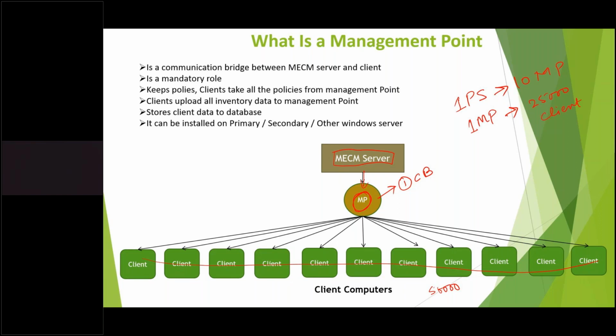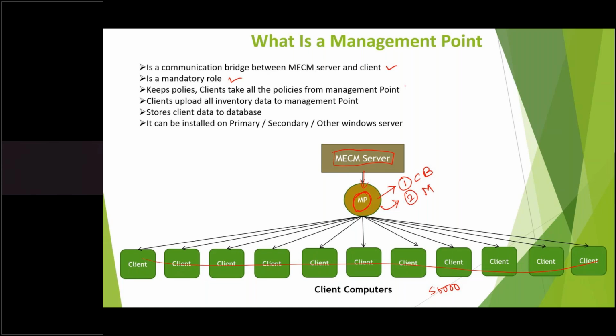So a maximum of 10 management points you can have in one primary site. Point number two, it's a mandatory role. That means you have at least one, because if you don't have a management point, you will not have any connection with the client machines. The server cannot communicate to the client machine.